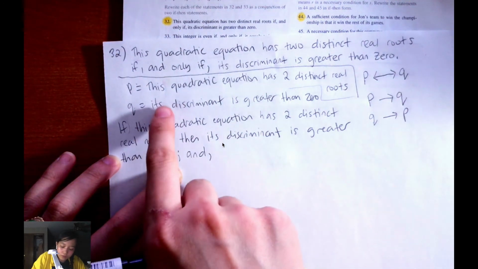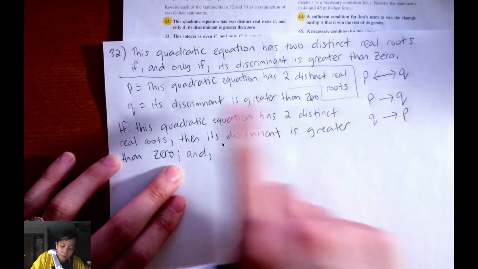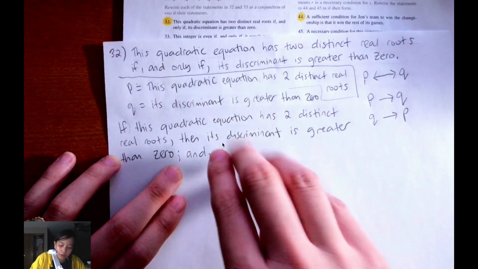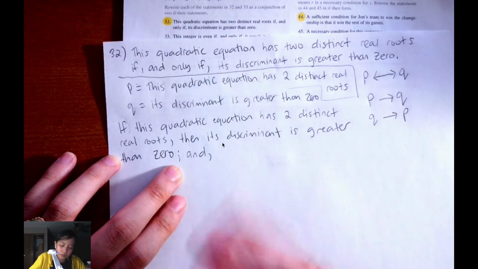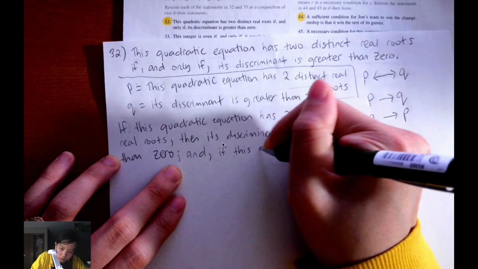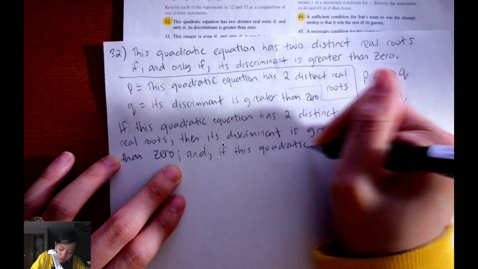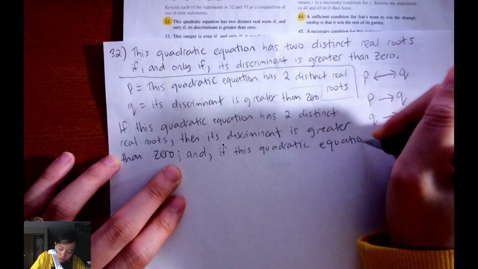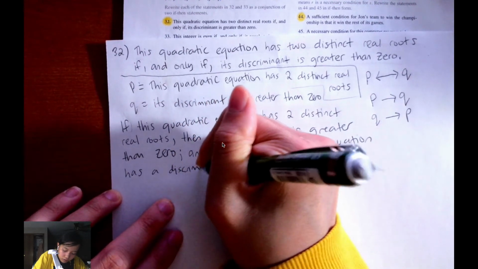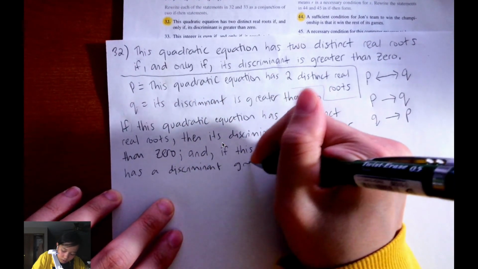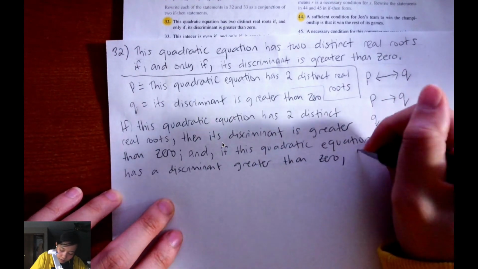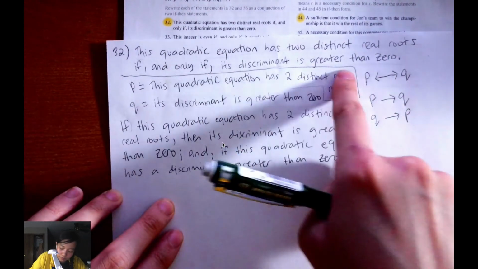So if its discriminant is greater than 0, I'm going to replace its with quadratic equation's, so that if-then sentence would make more sense. So if this quadratic equation has a discriminant greater than 0, then p.